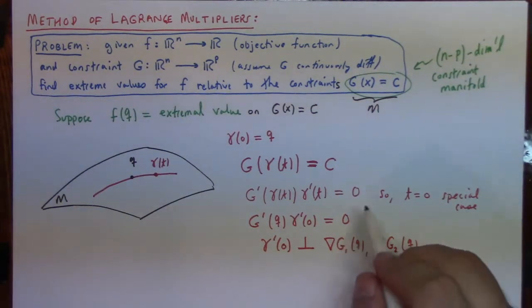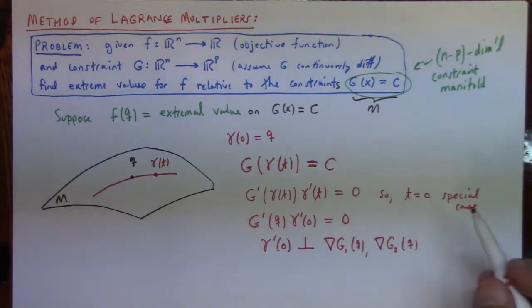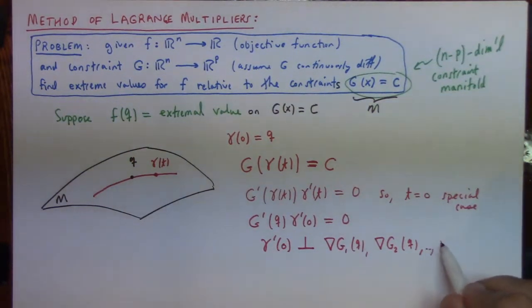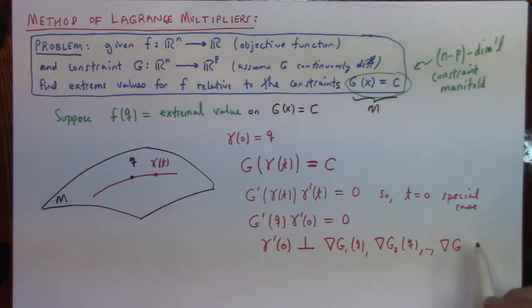Maybe we should put transposes on these; you'll forgive me for not putting transposes. The gradient of how many constraint functions? There are p of them.